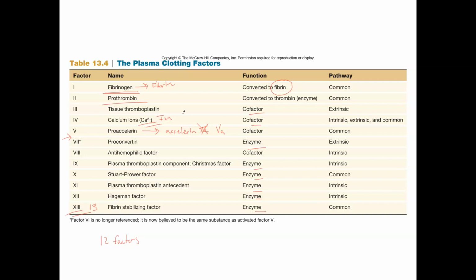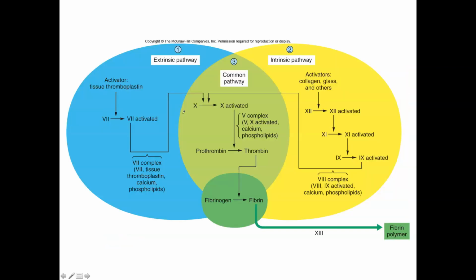So let's take a look at the two pathways, the intrinsic and extrinsic pathway, and talk about how we get to the formation of fibrin. So this is just another way to represent the two pathways. This is the extrinsic pathway, so that's going to start with factor 3, which is tissue factor coming from outside the blood plasma.